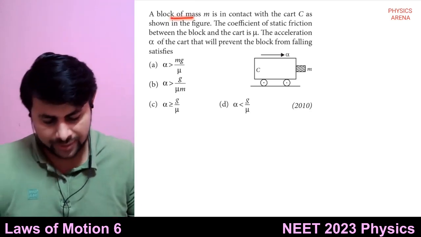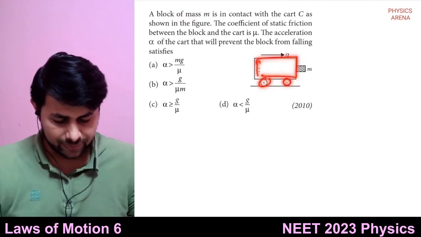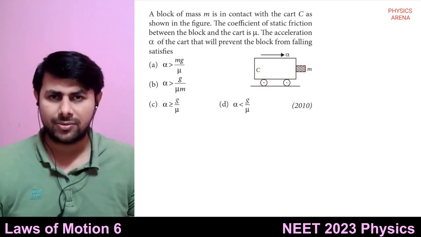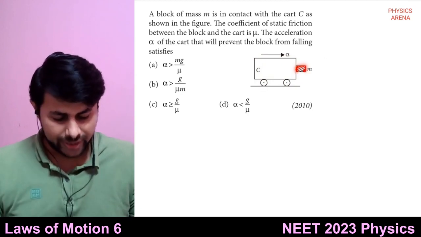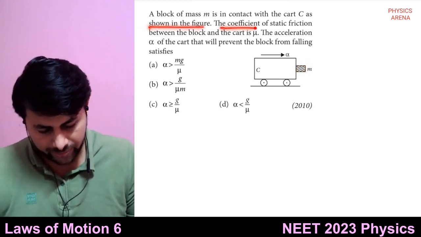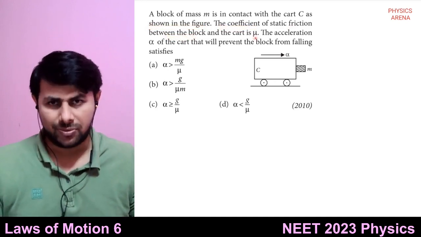A block of mass M is in contact with the cart C. There is this cart C and this mass is in contact with it. As shown in the figure, the coefficient of static friction between the block and the cart is mu.